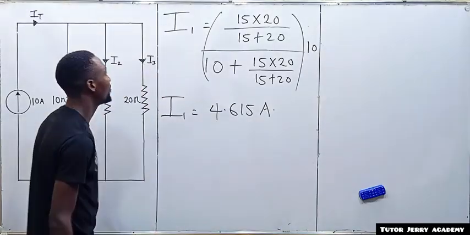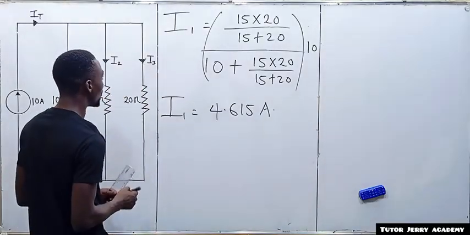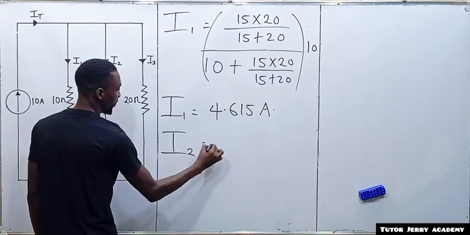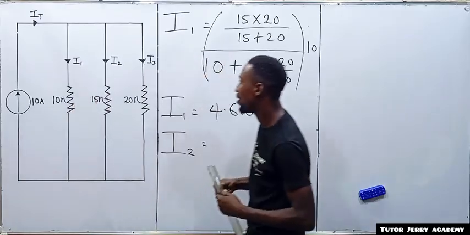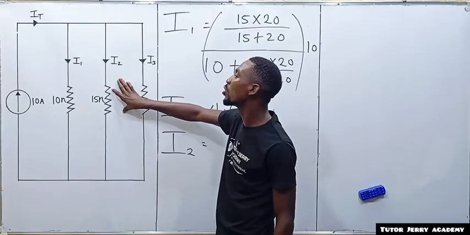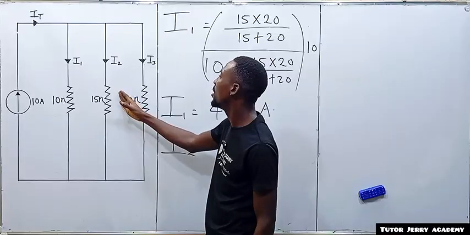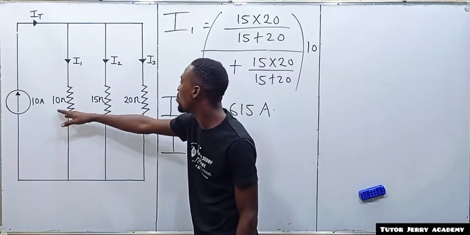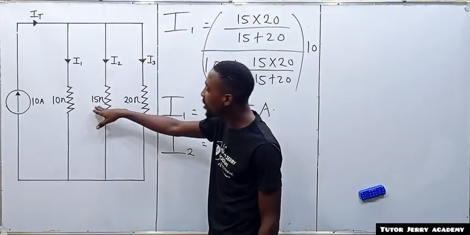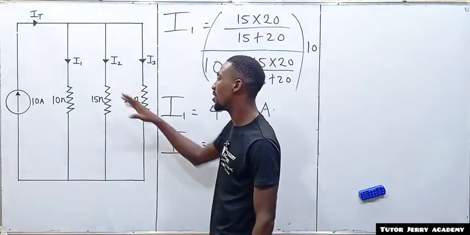Now for us to solve for I2, how do we go about it? This is our I2. I2 will be the equivalent resistance between 10 ohms and 20 ohms all over 15 plus the equivalent resistance between the two.